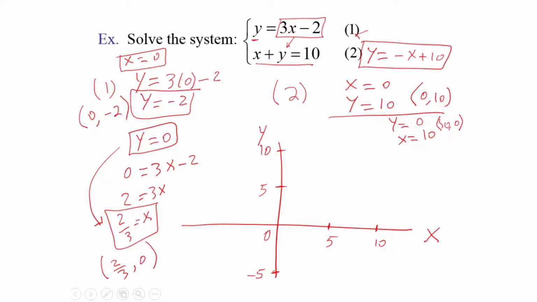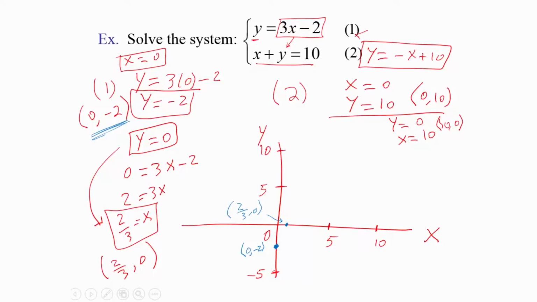So to graph the first one, I have to show this point with 0 and minus 2. 0 and minus 2 would be on the y-axis. This is 1 point for the first line. The other one is 2/3 and 0. If this is 5 and this is 0, 2/3 is less than 1, probably here. So that point is 2/3 and 0.